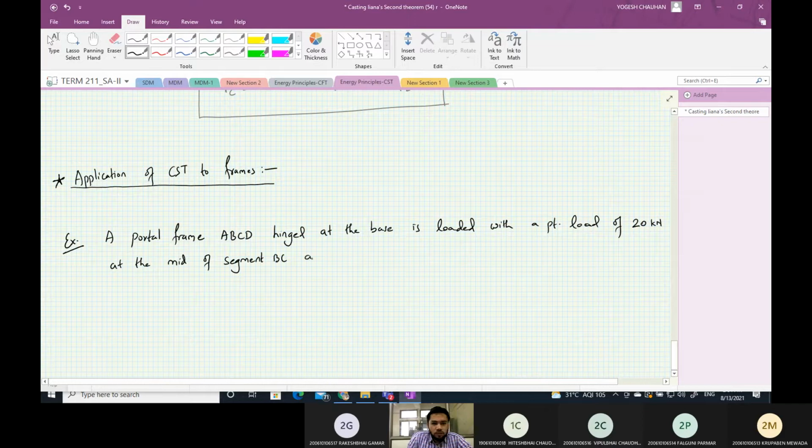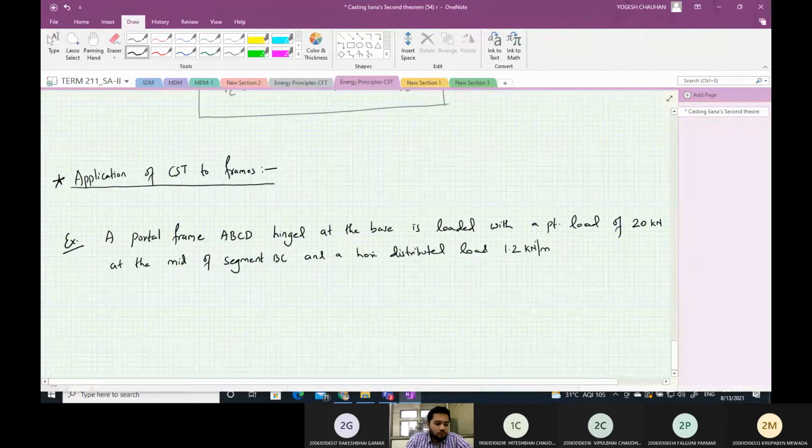and a horizontal distributed load of 1.2 kilonewton per meter is acting on column AB.